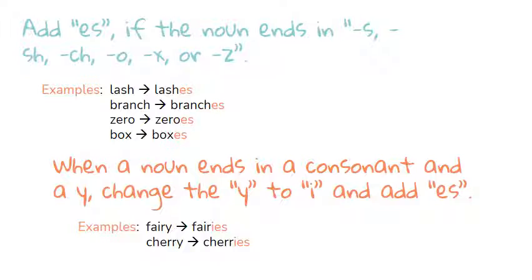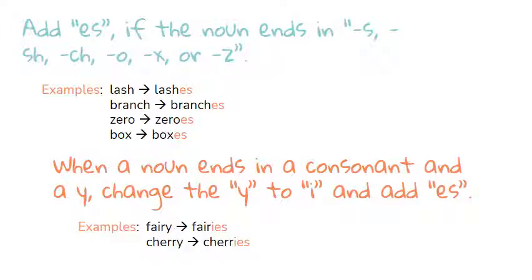Something you have to pay attention to is that sometimes the noun takes es to change from singular to plural. Why? If the noun ends with s, sh, ch, o, x, or z, you must add es. You might say, it's similar to forming the verbs in simple present tense. Yes, that's right, but here we are talking about nouns.